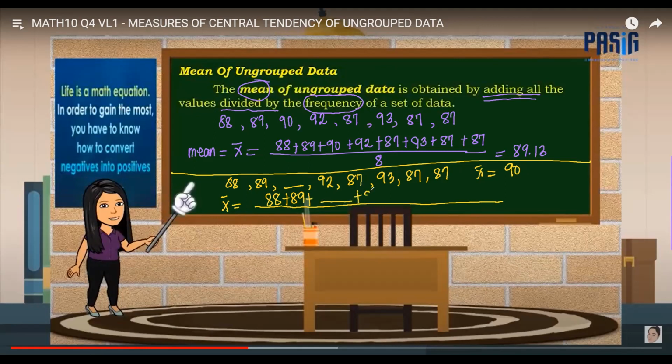Di natin alam kung ano yan. Kung ano yung dapat na grade ang makuha mo sa math for you to have an average of 90 divided by 8 also, which is equal to 90. Dapat maging 90 yung value ng iyong average or the mean. So what should be your grade in math?